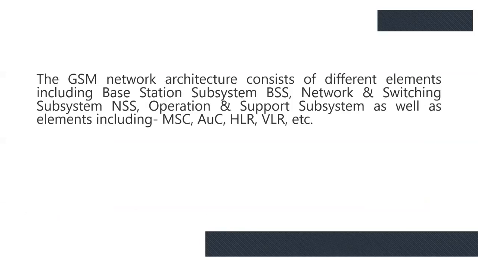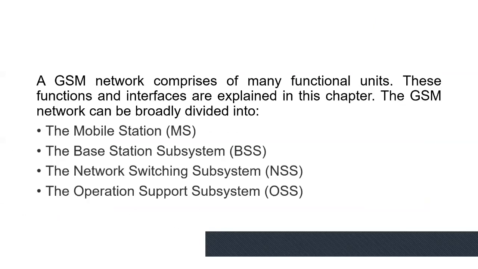So what I was describing about BSS, the base station subsystem, it consists of BTS and BSC. The BTS houses the radio transceivers, and corresponds to the transceivers and antennas used in each cell of the network.